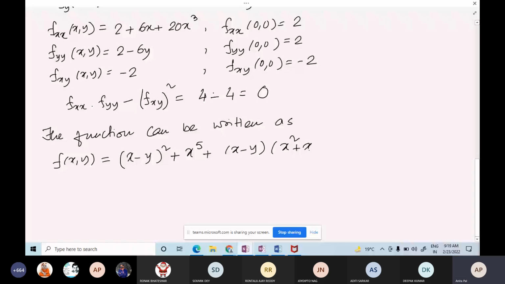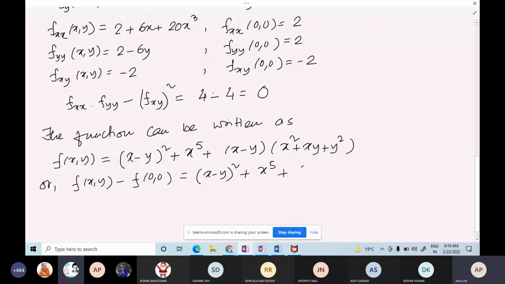Can I write this? Yes, ma'am. Or I can write f(x, y) minus f(0, 0), the same expression, that is x minus y whole square plus x to the power 5, x minus y, x square plus xy plus y square, where f(0, 0) is 0.